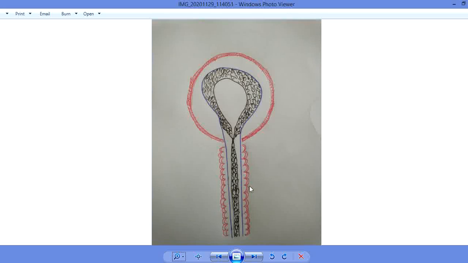This red line represents the vertebral column. The vertebral column encloses the spinal cord.